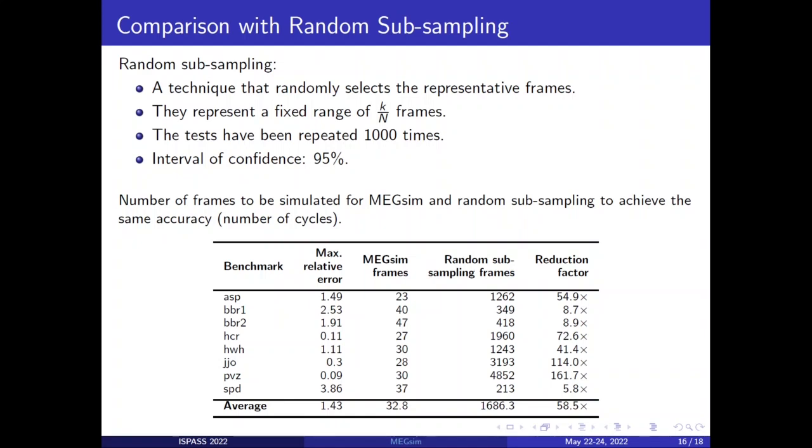In this table, we can see that in order to achieve the same accuracy as MEGSim, random subsampling needs to select, on average, 58.5 times more frames. We can also highlight the extraordinary results that MEGSim achieves in terms of accuracy, with a maximum relative error for the number of cycles lower than 1.5% and with a confidence of 95%.